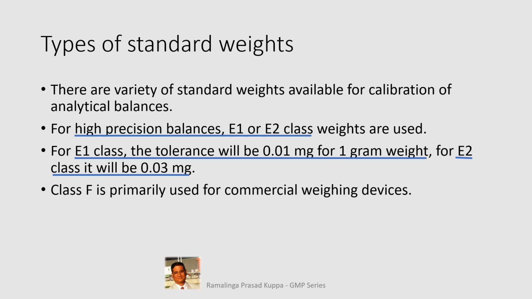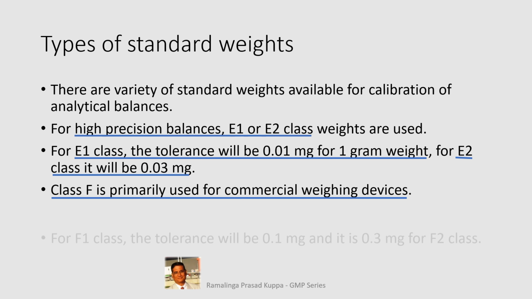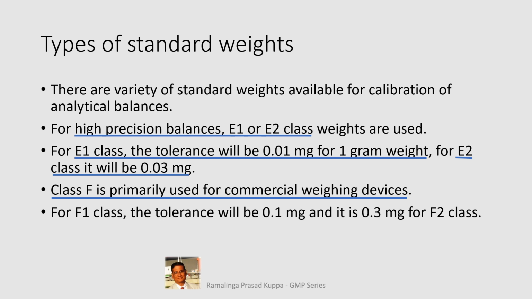Class F is primarily used for commercial weighing devices. For F1 class, the tolerance will be 0.1 mg and it is 0.3 mg for F2 class. So for F1 and F2 class, the tolerance is 10 times more relaxed when compared with the E class weights.